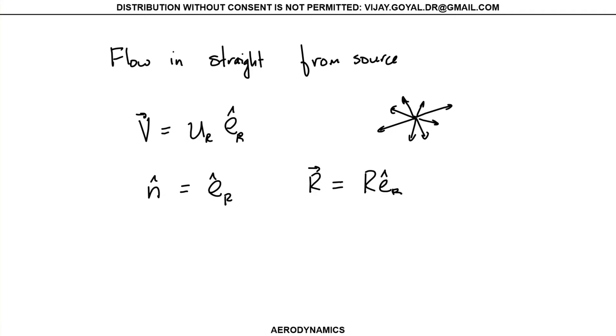Okay? So now we know that your Q, your volumetric rate, is u_R, that's a function of big R, times 4 pi R squared. Remember what I told you, right?